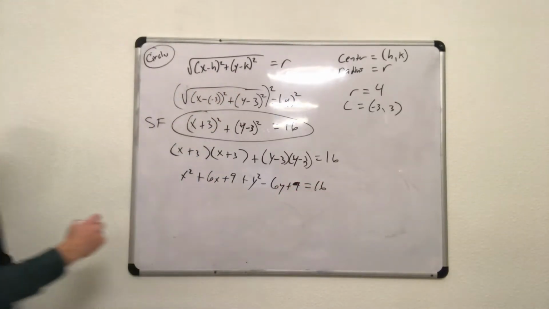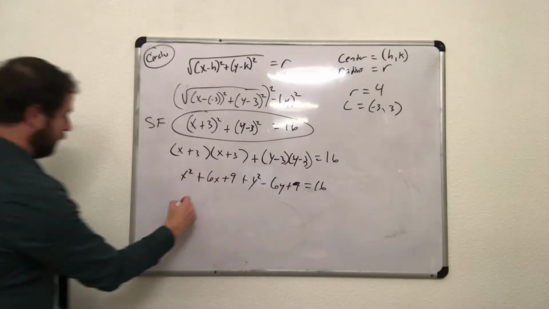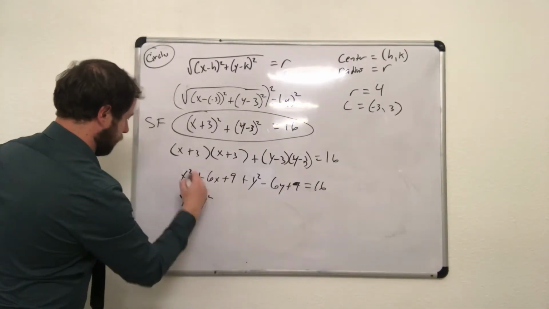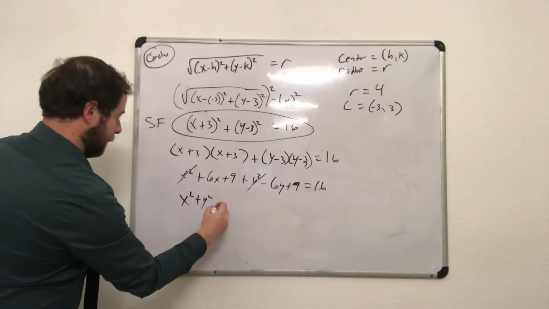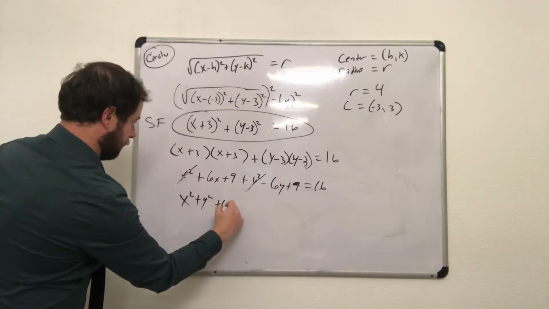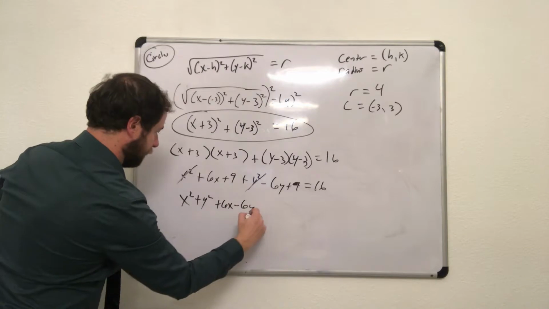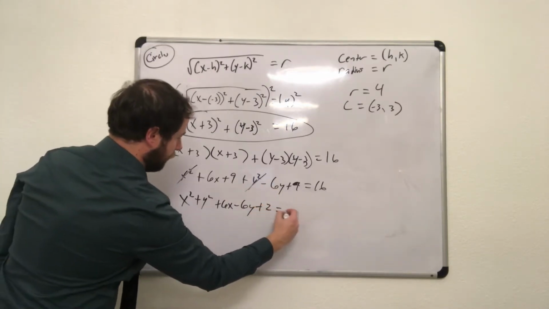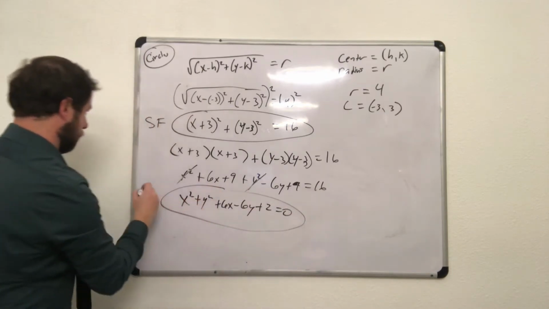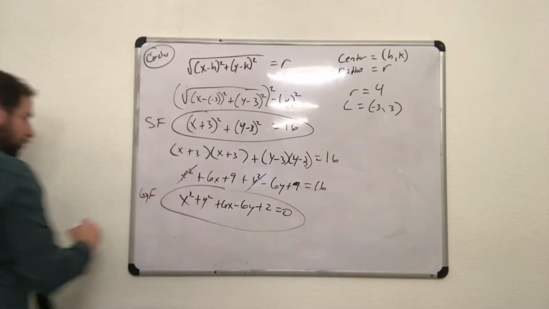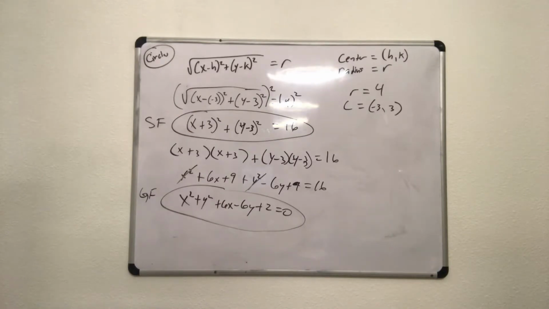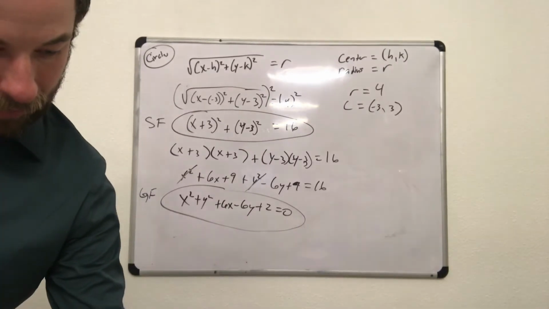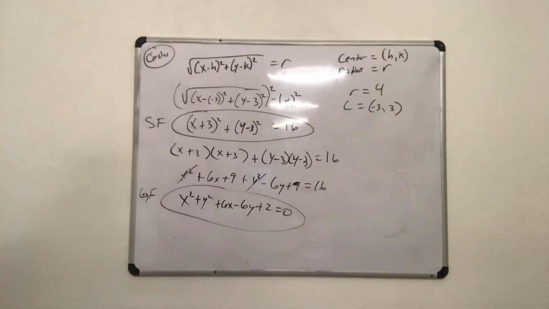So you end up with x squared plus y squared plus 6x minus 6y. You have 18, bring the 16 over, so plus 2 equals 0, and this is general form. This is what general form looks like. Not too tough, but we're baby stepping up to a much tougher concept, or at least more involved, more understanding later on.